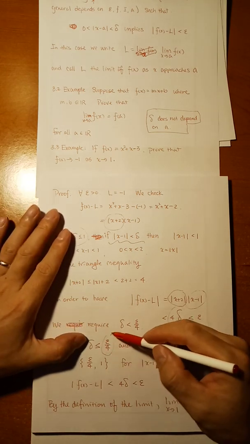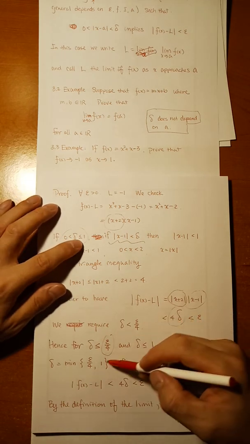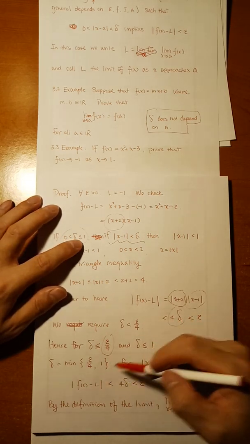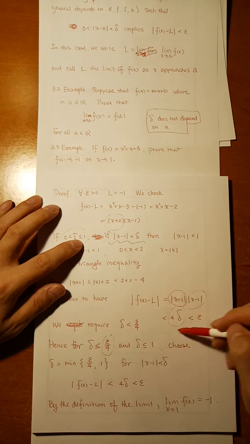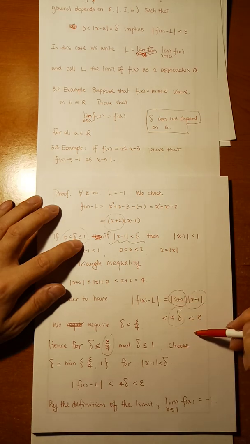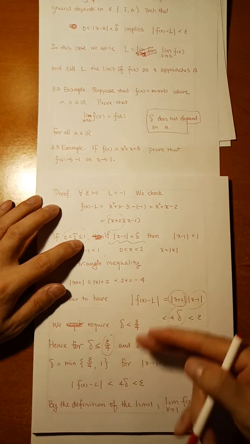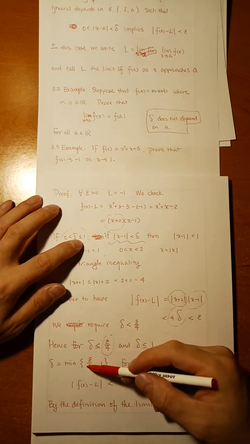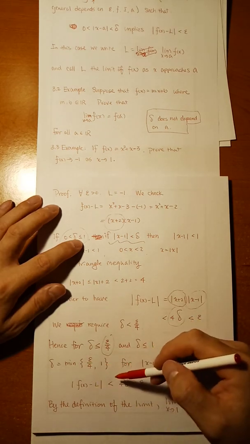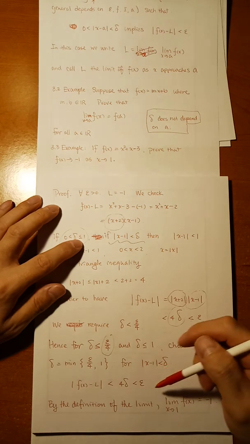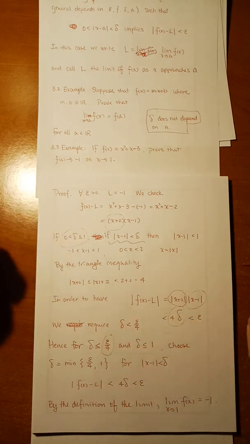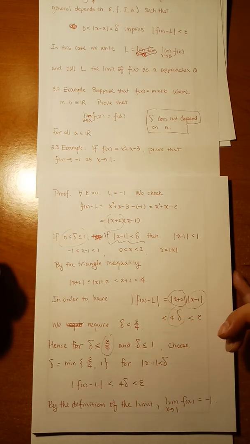And this condition plus the pre-selected condition, you need to consider both conditions in order to get the absolute value of the difference less than epsilon. But anyway, you will have finitely many such conditions. Then you just choose a minimum. Choose a minimum, that's okay. And then you just go through it formally like the definition.